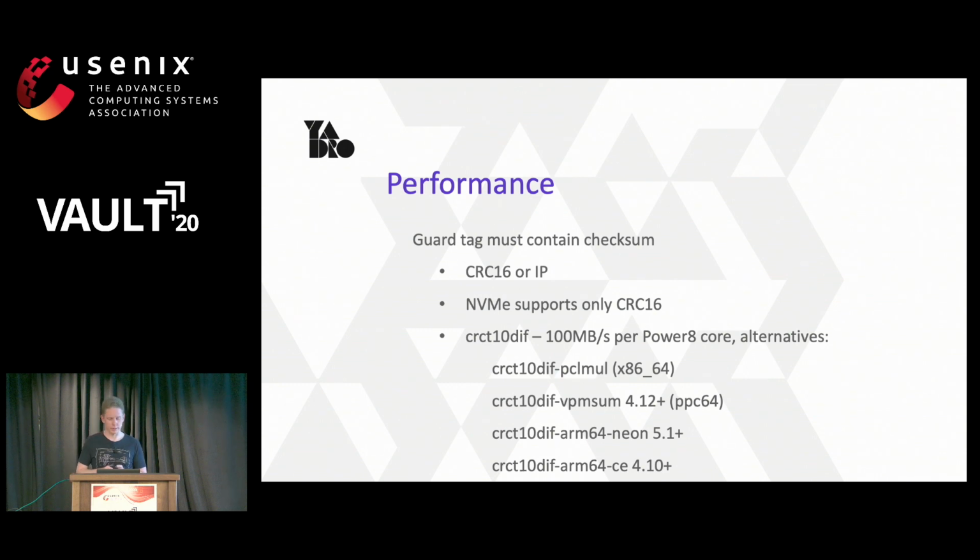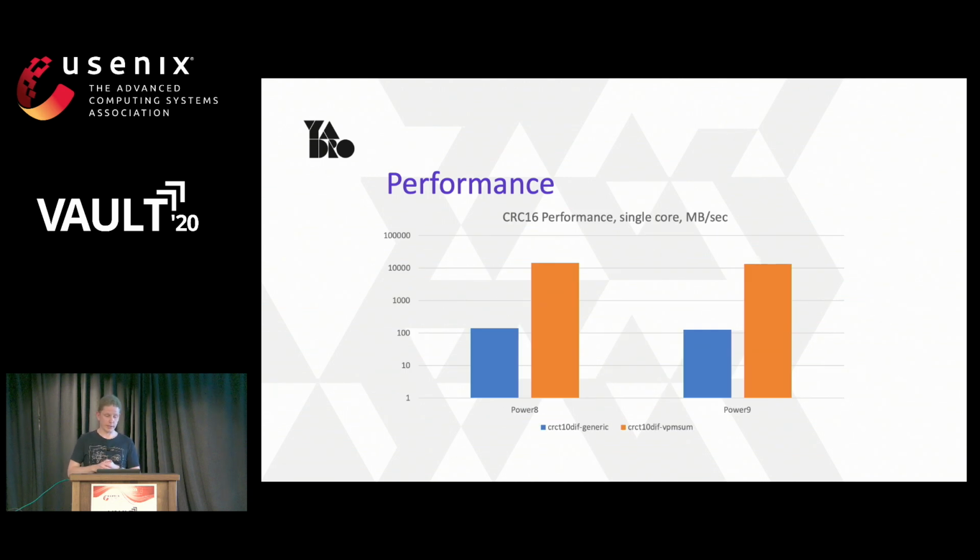It gets only 100 megs per second on single core tests. But starting from 4.12, and long ago for x86 platforms, we have a nice accelerated implementation for Power, and it works really nice for our hardware. So it's 2 orders of magnitude faster.